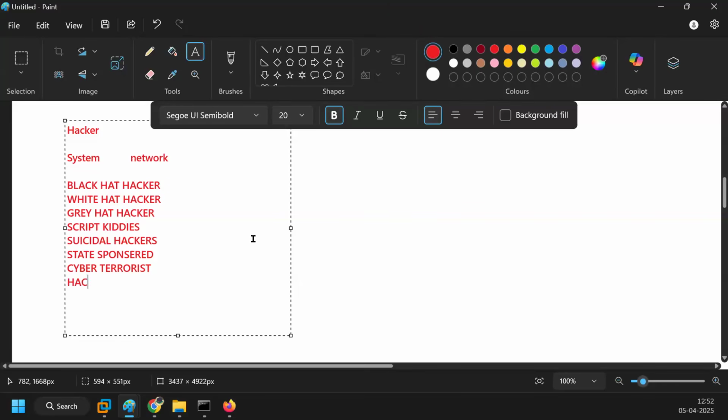Afterwards, we also have the hacktivist. Right. So over there, we have this activist. What they are doing is, the hacktivists are a type of hacker who will try to work for a particular agenda.